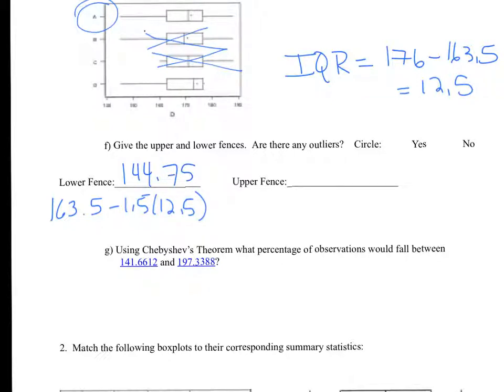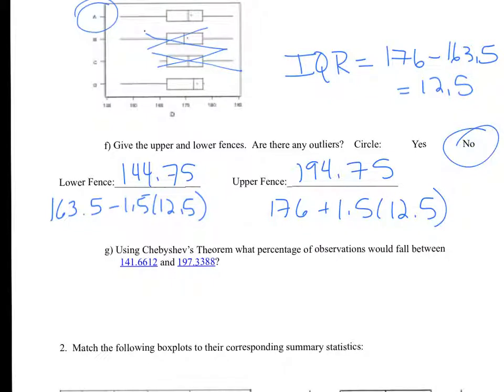Our upper fence would be 176 plus 1.5 times 12.5, which is 194.75. There are no outliers: nothing below 144.75, nothing above 194.75.